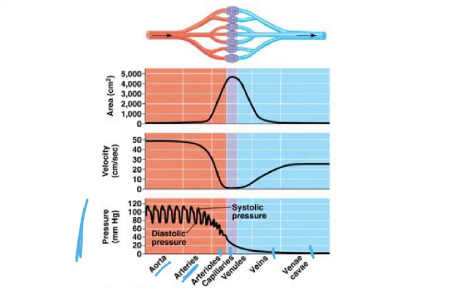Now the velocity is slightly different. I want you to know the velocity also. The velocity is the same, then it decreases as it goes into the arterioles, and then in the capillaries the velocity is very, very low, almost 0, and then the velocity slightly increases in the veins and the venules.